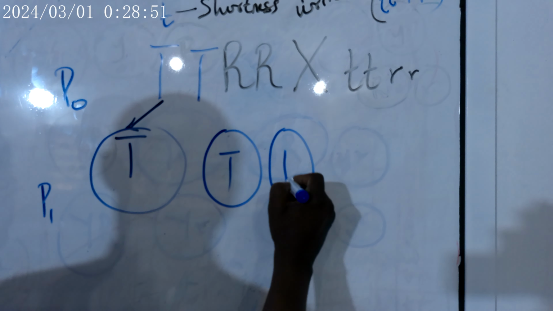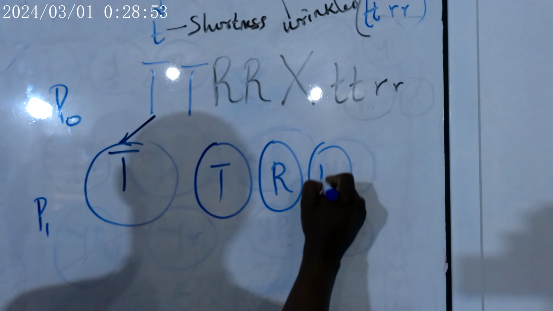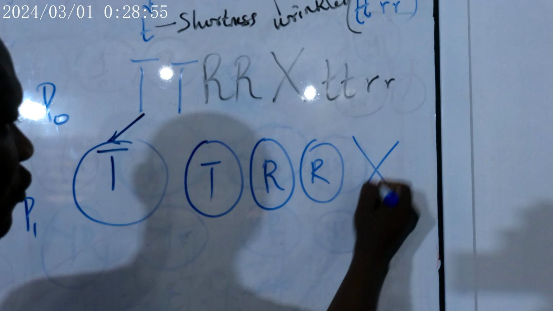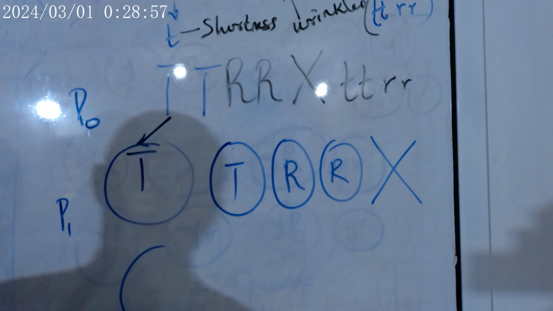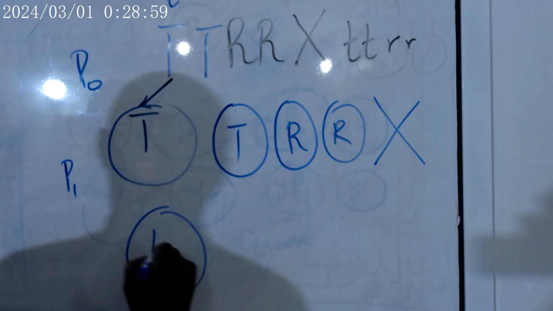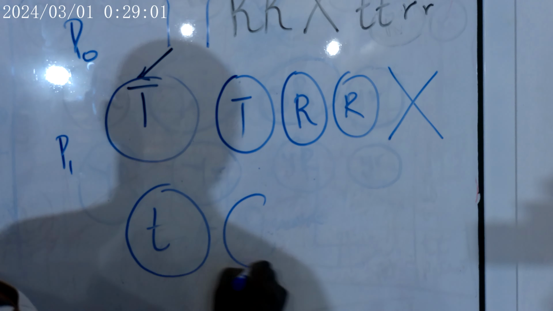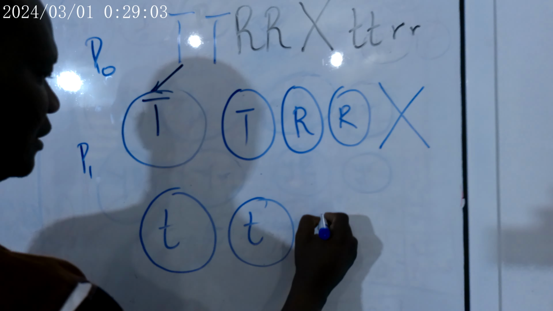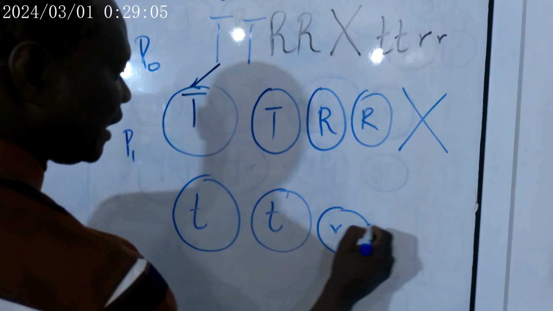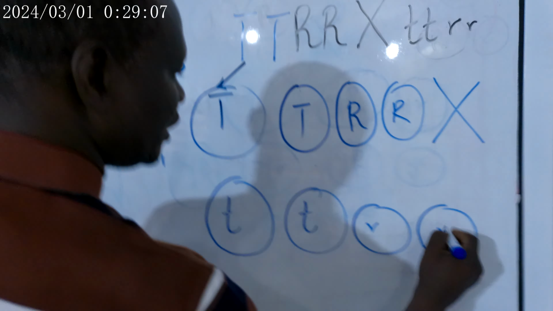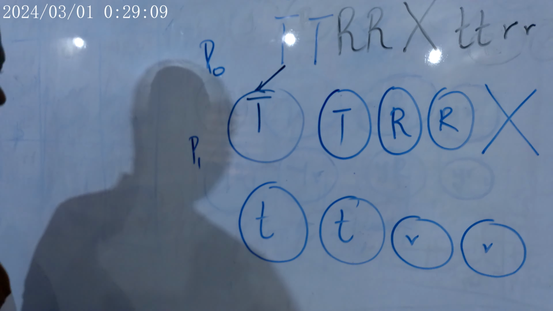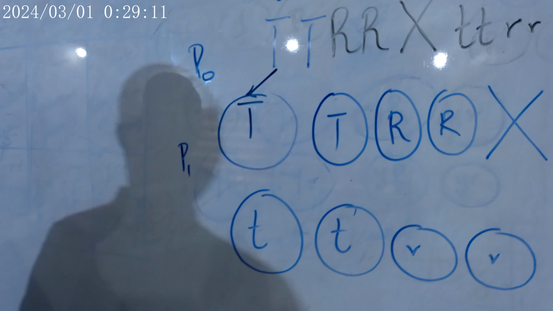Then R. So we are crossing it with another one which is small letter t, small letter t, and small letter r, small letter r. That is the type of crossing I want to do.